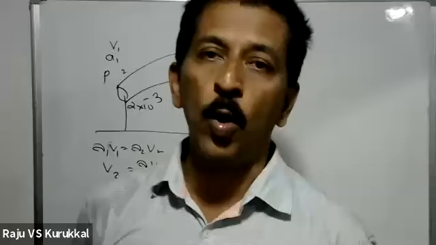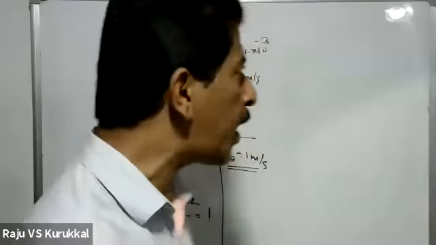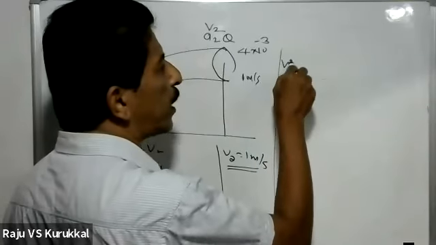Now let's look at the next part. Then the work done per unit volume: according to Bernoulli's principle, we can find the work done. Remember that equation, it is important.